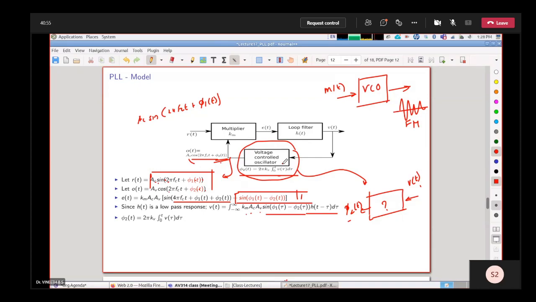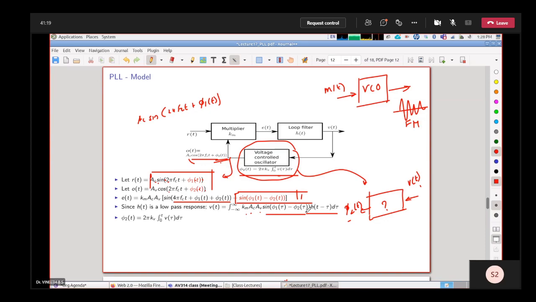Okay, sir. One doubt. Here v of t will be like some multiple of sine of phi1 of t minus phi2 of t. It may not be a multiple, because we are actually writing it down as a convolution here.